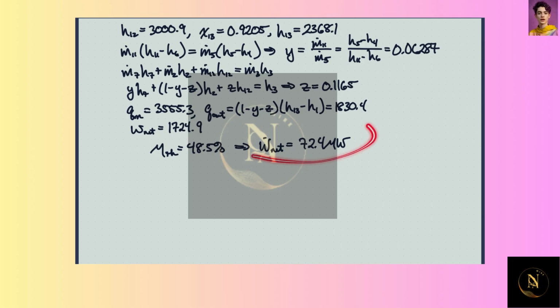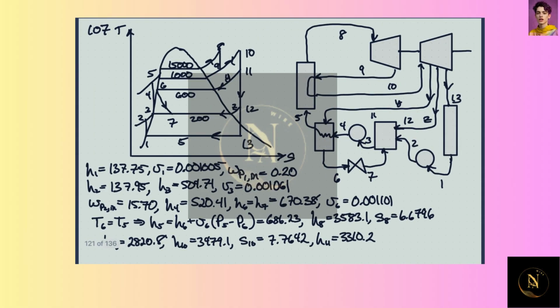And then we can figure out the net power out of this, because we know the mass flow rate. I think somewhere we were told the mass flow rate. Did I not write that down? Oh, let's see here.